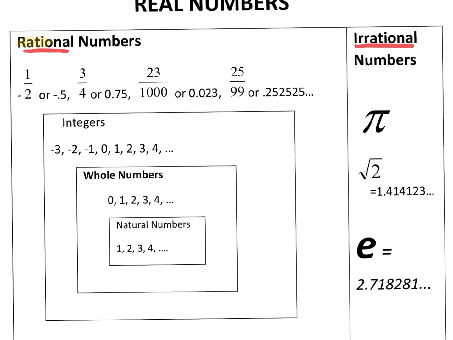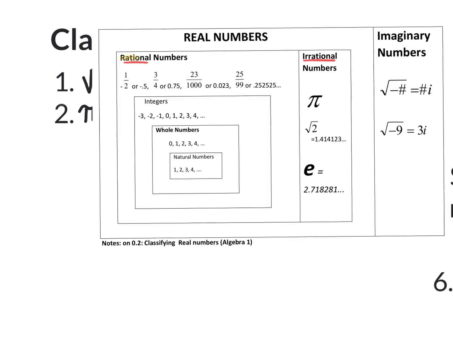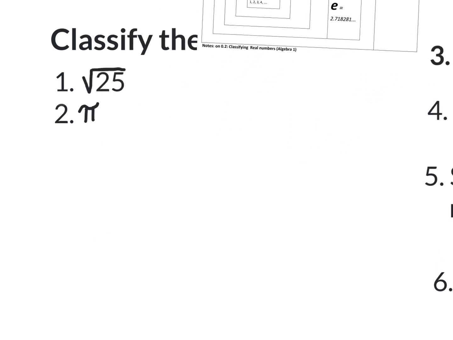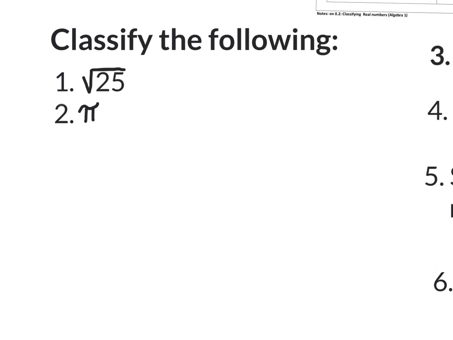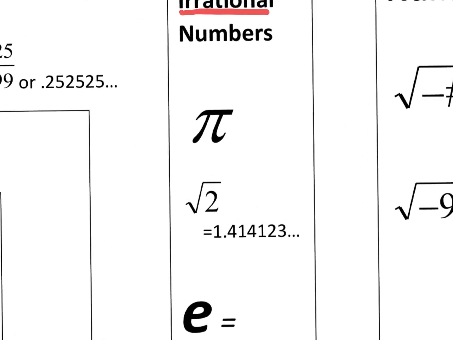So having this knowledge in mind, we should now be able to classify all these examples that we're about to do, and these are all part of our questions in our quiz. So here we go. The square root of 25, I ask you to classify it. Now, if you're thinking, oh, square root, that means that it's irrational, right?